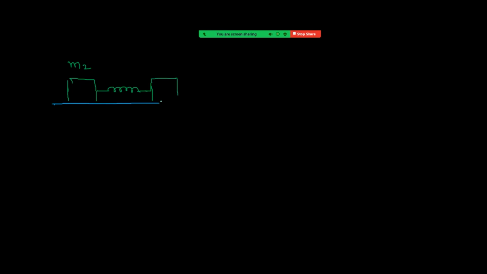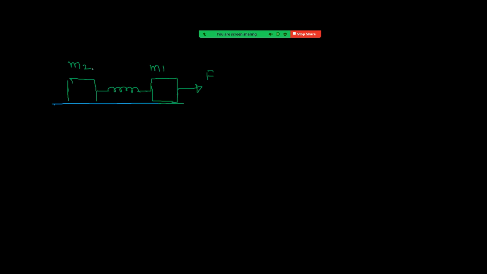That means the spring is in its natural state, meaning no compression, no elongation. It's mass M1. We have to apply a constant force along the horizontal to move the other block. Okay. Now see how to start.